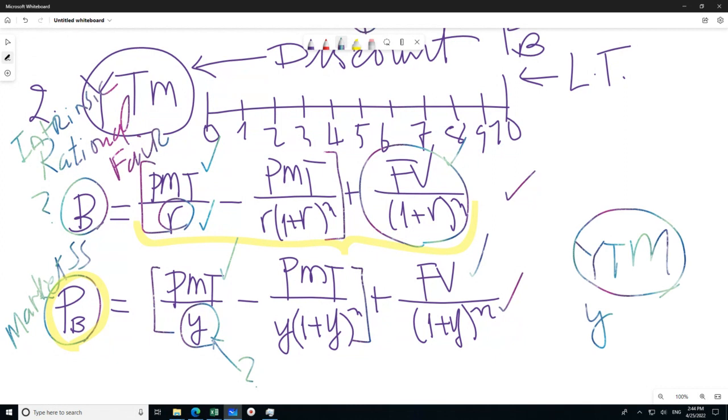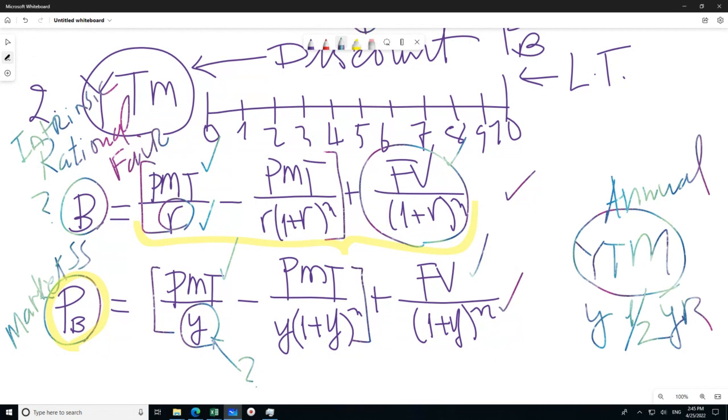I said yield to maturity is the discount rate. But this is the annual, lowercase, half year rate.